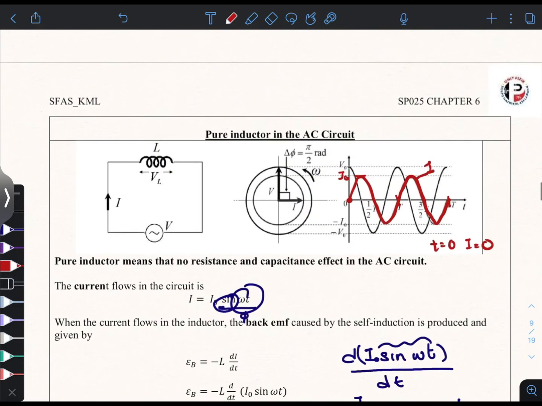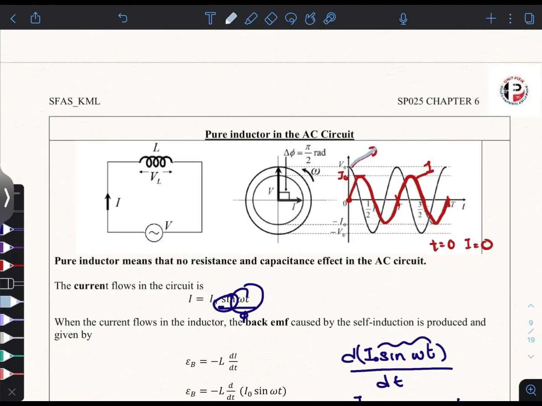Kita punya graf dekat sini adalah graf untuk V yang memenuhi syarat V is equal to V0 sin omega t plus pi over 2, ataupun sebenarnya dia adalah V0 cos omega t, bentuk cos, betul tak? Bentuk cos. Sebenarnya dia adalah sine graph yang has been shifted by pi over 2.